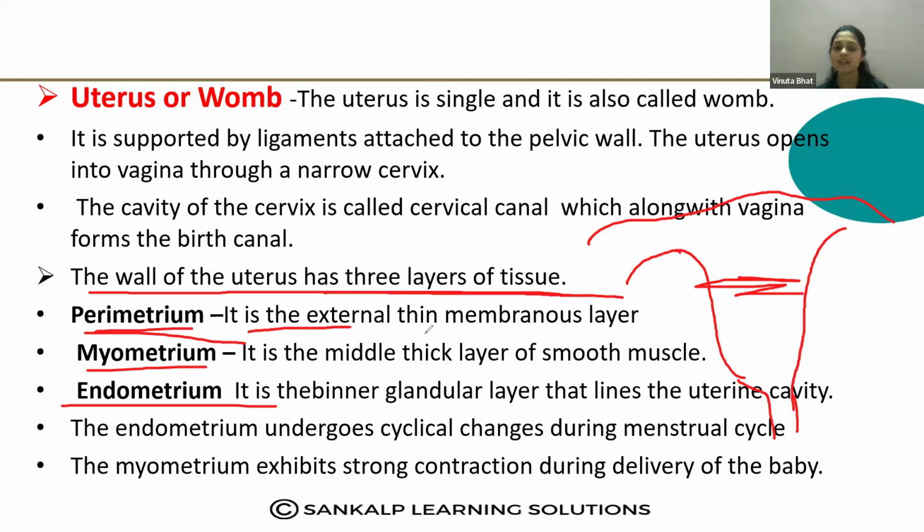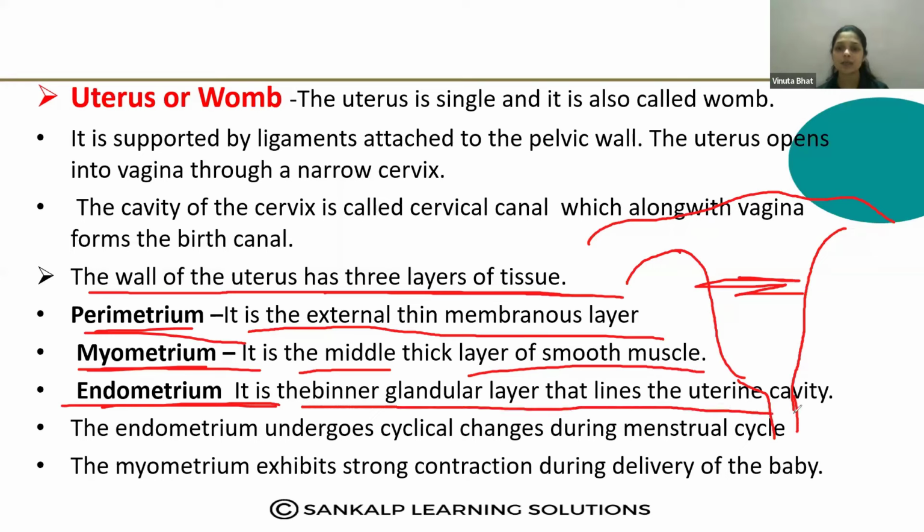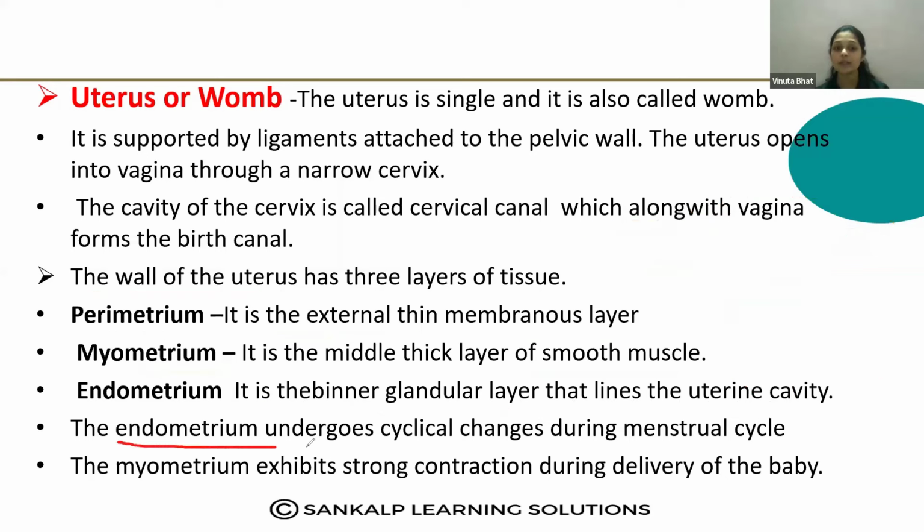Perimetrium is the external thin membranous layer, the myometrium is the middle thick layer of smooth muscle, and the endometrium is the inner glandular layer that lines the uterine cavity. So these wall layers are very important, and the endometrium undergoes cyclical changes during the menstrual cycle.